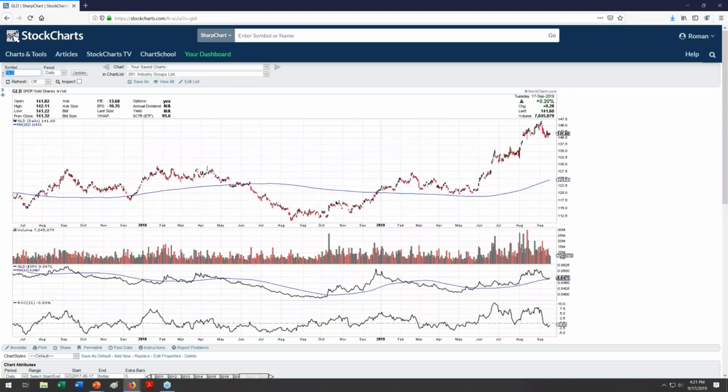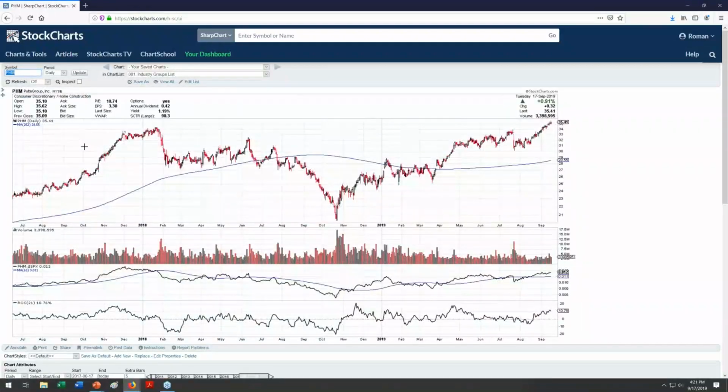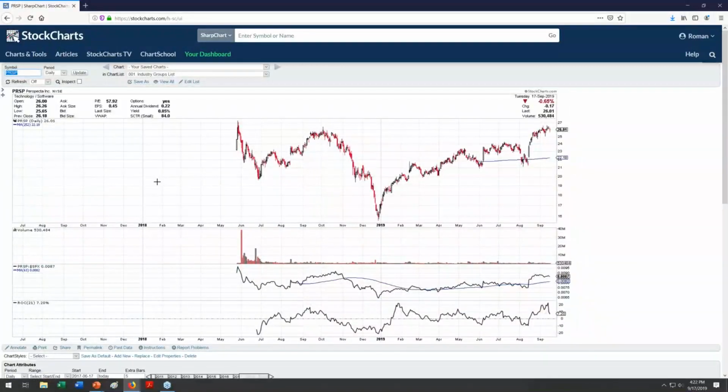Second candidate, Pulte Group, so that's in home construction. I think a very sound selection here. All right. Technology, Prospector, interesting. Well, this is maybe more than speculative because this is an IPO.